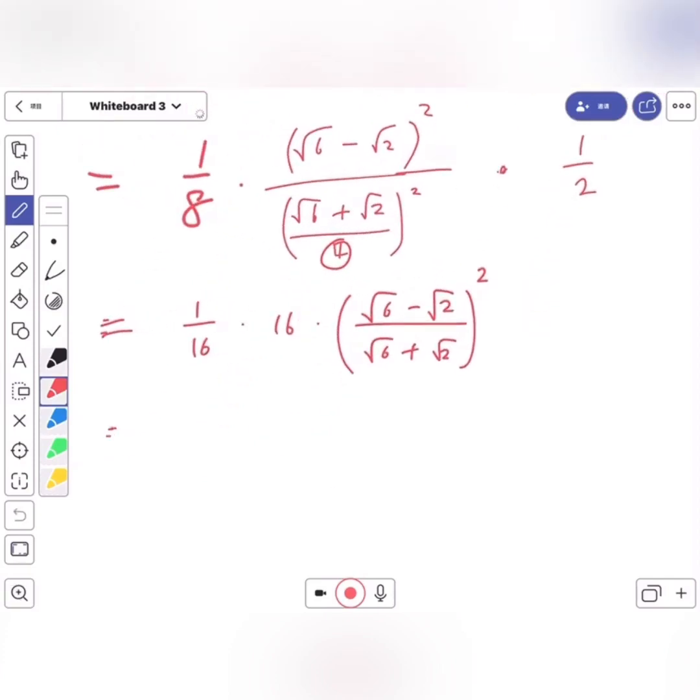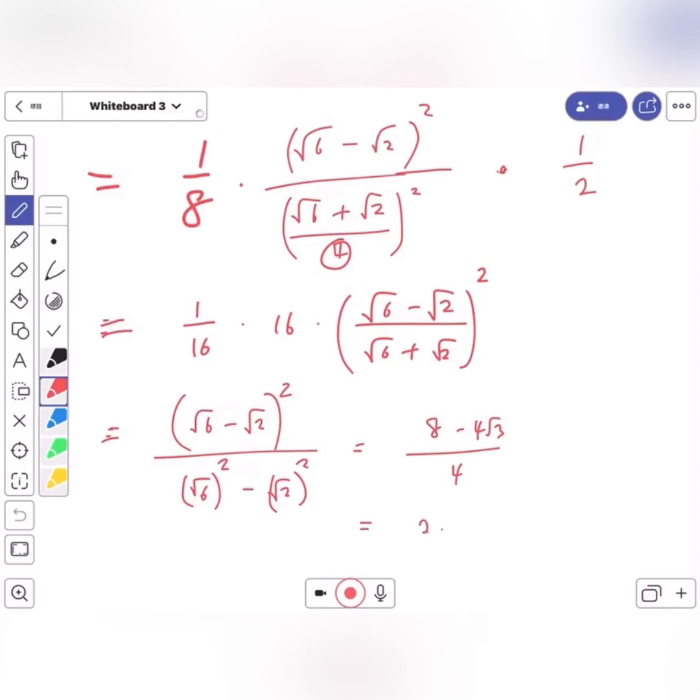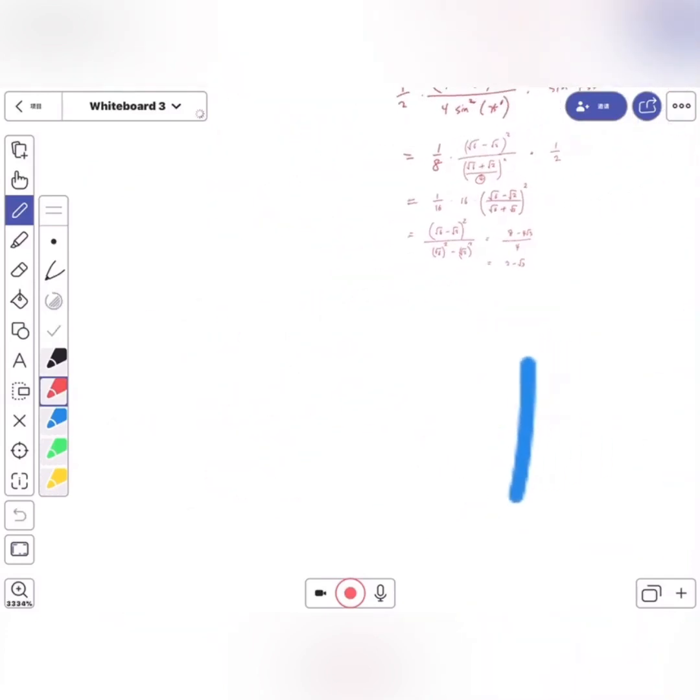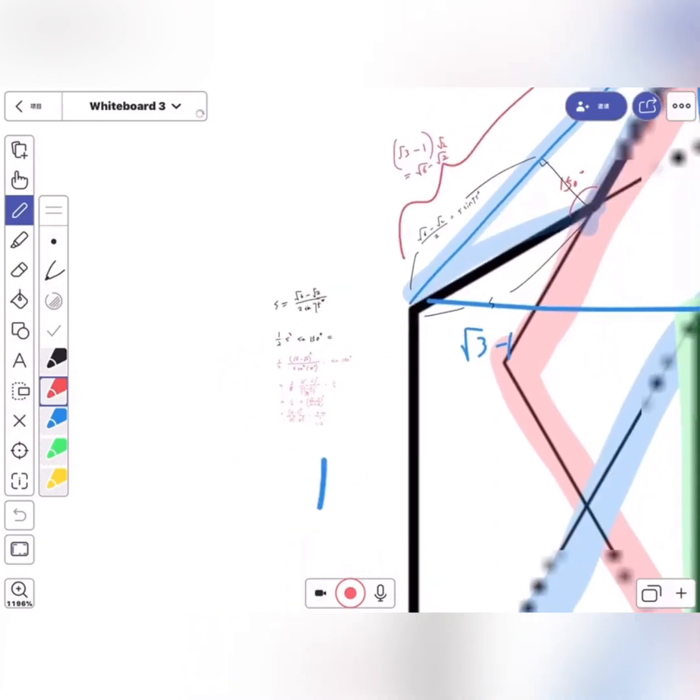Now that is just equal to root 6 minus root 2 squared over root 6 squared minus root 2 squared. Well, that is basically what I did by simplifying the fraction over here, which is equal to 8 minus 4 root 3 over 4, which gives us 2 minus the square root of 3. Let me just see if I did any mistake in my calculations.